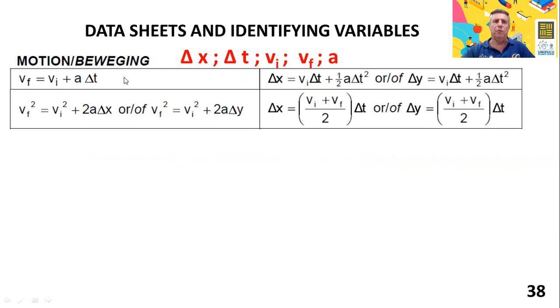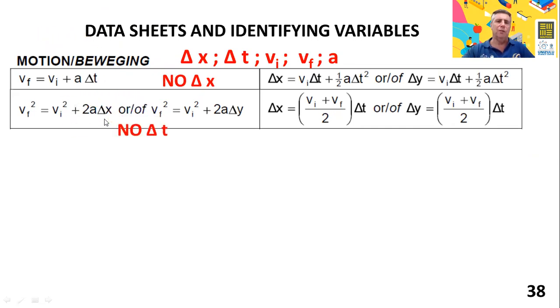If you look at the first equation, final velocity equals initial velocity plus a delta t, you'll notice that there is no delta x. There's no mention of position or distance there. So if you have a question which gives you no information about delta x, but you have the other four variables, then that's going to be your equation. If you look at the second equation, I wonder if you can see which of the five variables is missing from the equation.